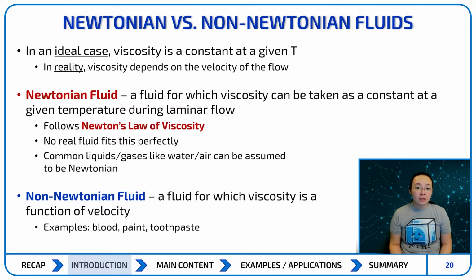So if you do have a case of that, then you have a non-Newtonian fluid. And depending on how its viscosity changes due to velocity, you get different subclasses or classifications of non-Newtonian fluids as well. So some examples are blood, paint, and toothpaste.